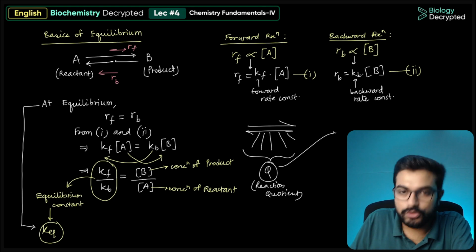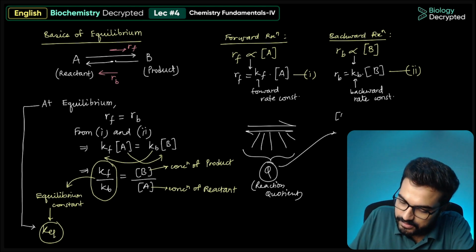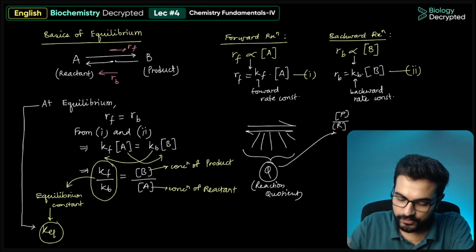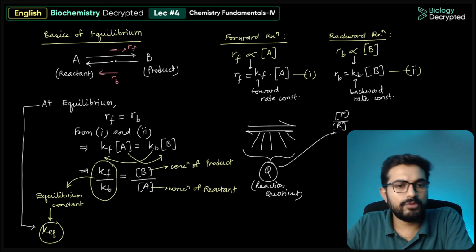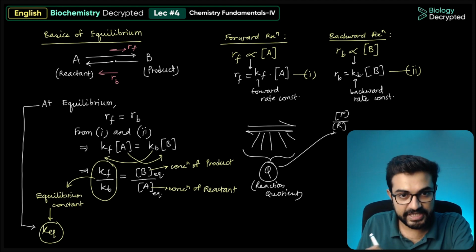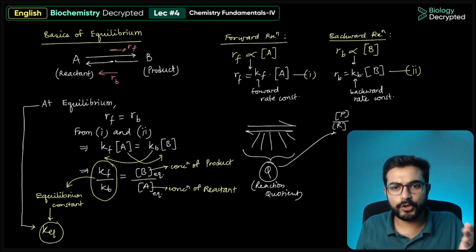The reaction quotient denotes the product concentration by the reactant concentration. This is the overall concept of the reaction quotient, just the same as the equilibrium constant. The only difference is that the equilibrium constant takes into consideration the equilibrium concentrations of the reactants and products, whereas the reaction quotient can be at any point of the reaction.